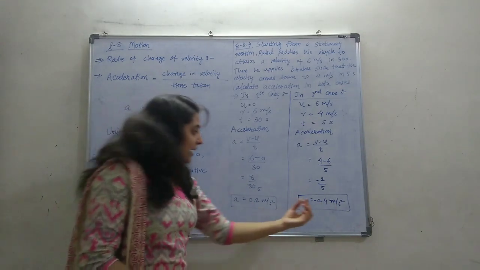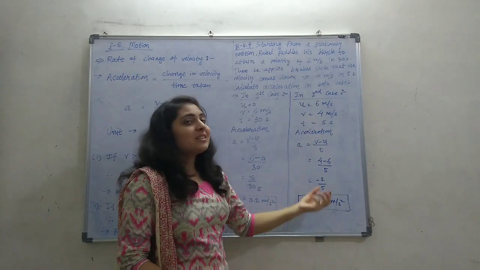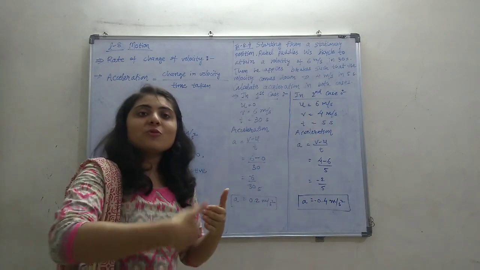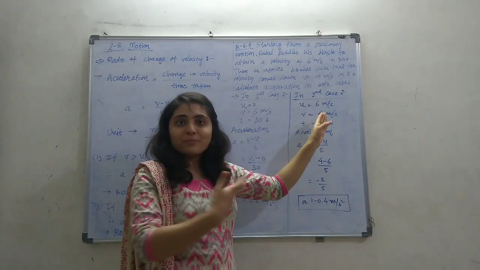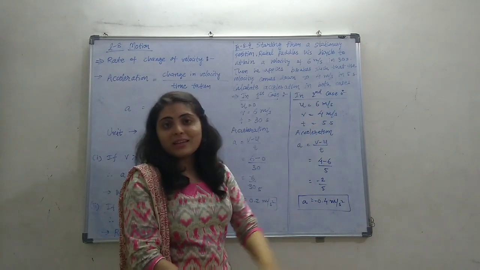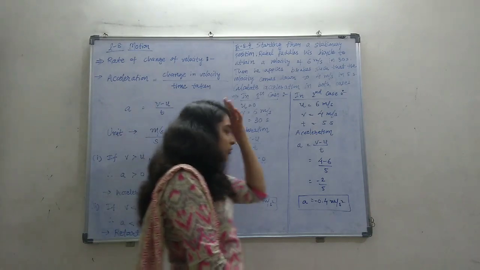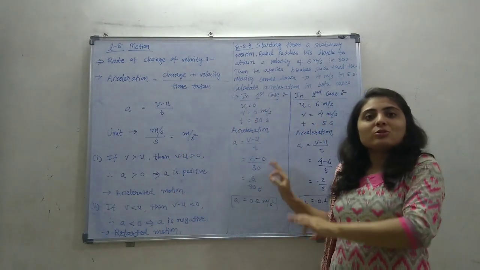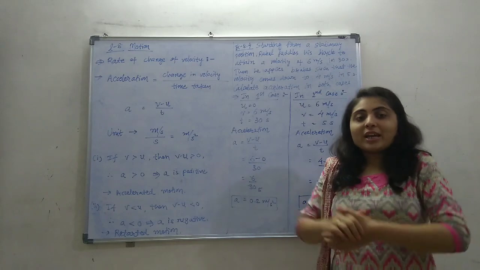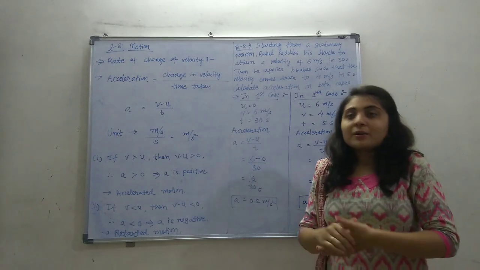So it proves that a negative value of acceleration represents that the vehicle slows down. When the brakes are applied, we get negative acceleration. So this is how, simply by putting the formula and the values, we can calculate the acceleration.